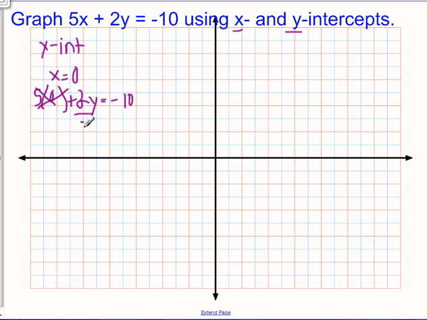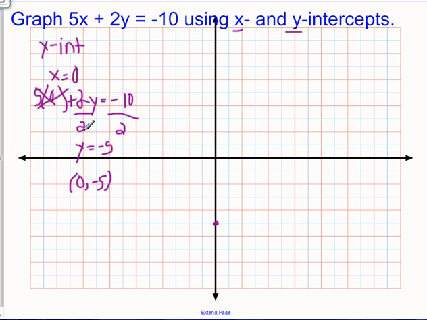Divide both sides by 2 because we're solving for y, and y is going to equal negative 5. So my coordinate pair is going to look like (0, negative 5). So I'm going to go 0, negative 1, 2, 3, 4, 5.